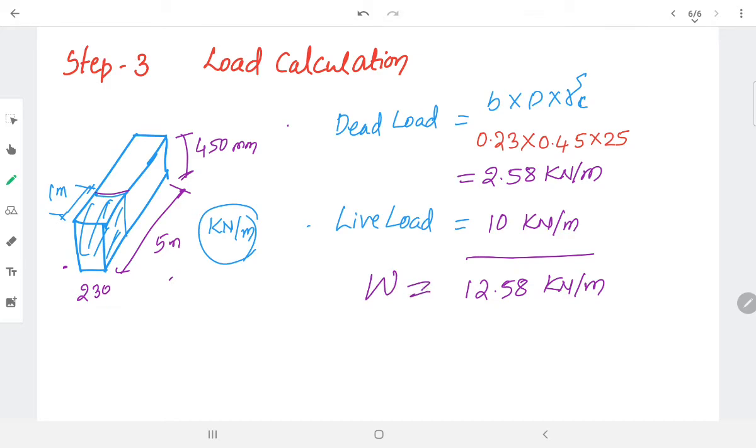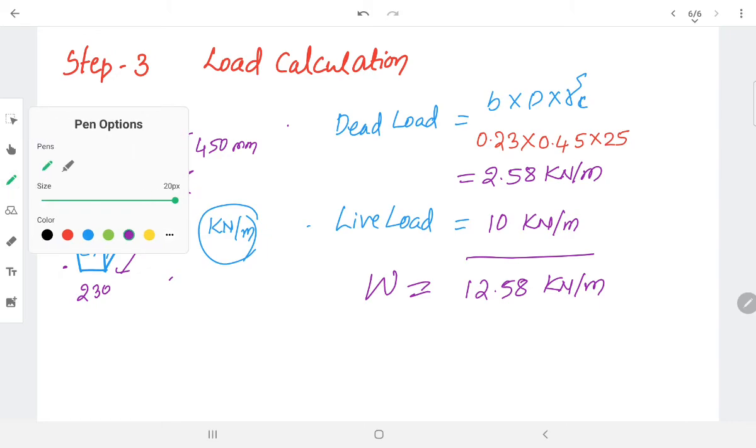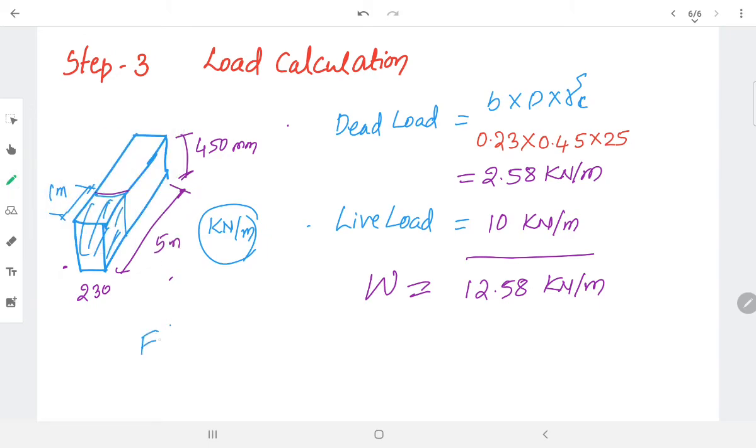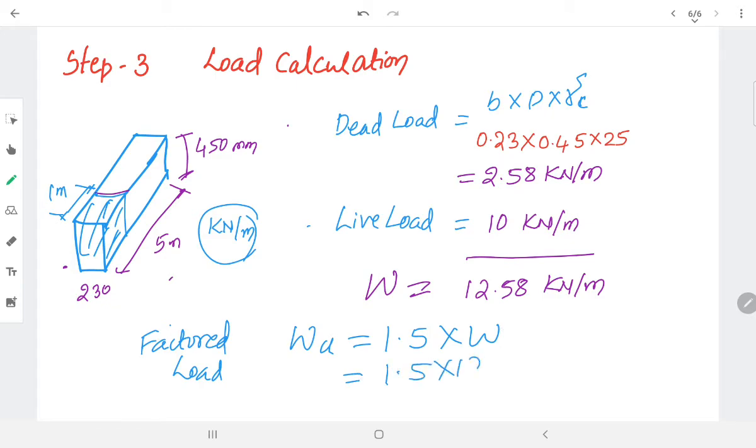Whenever you design, the design should be done for the factored load or the design load. So it will be called WU. It is 1.5 times the W, 1.5 into 12.58.